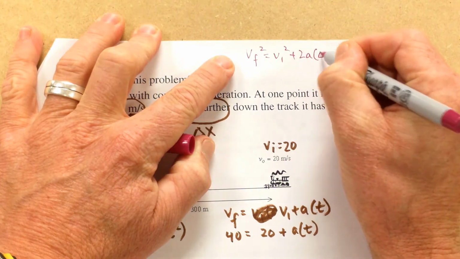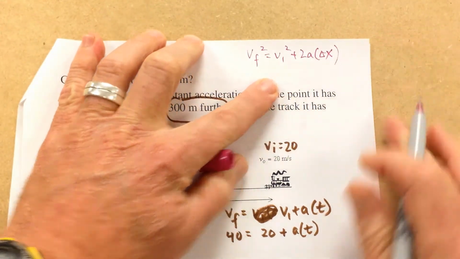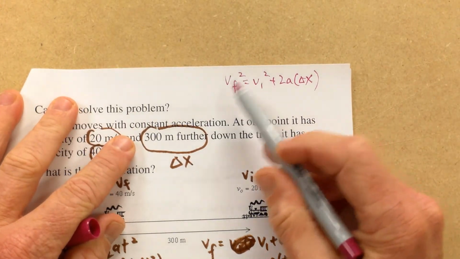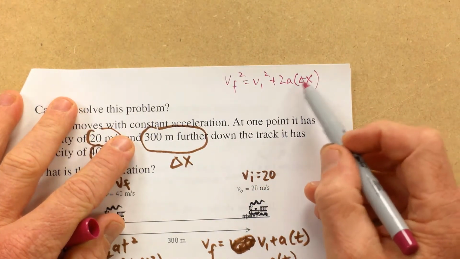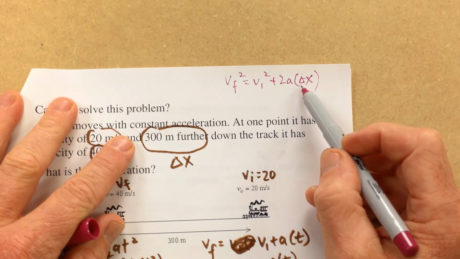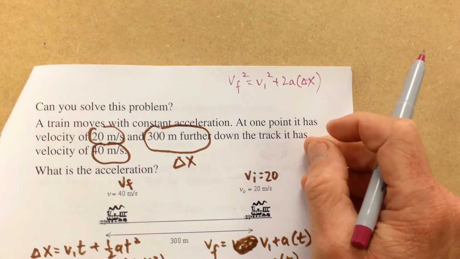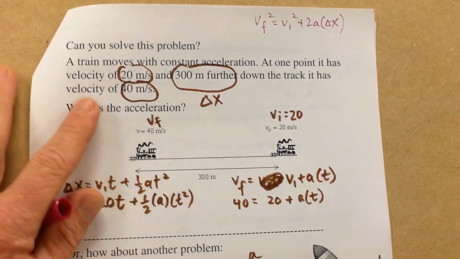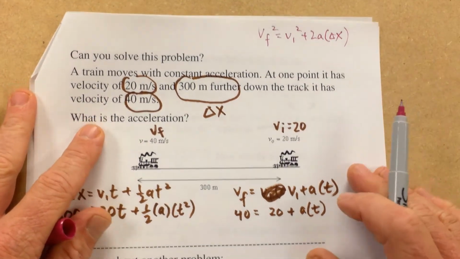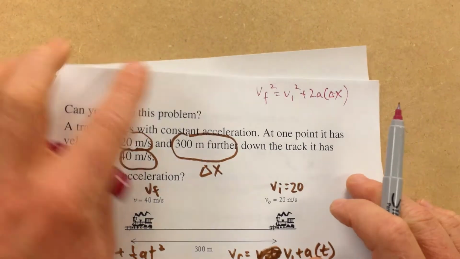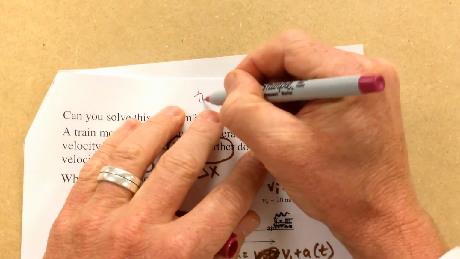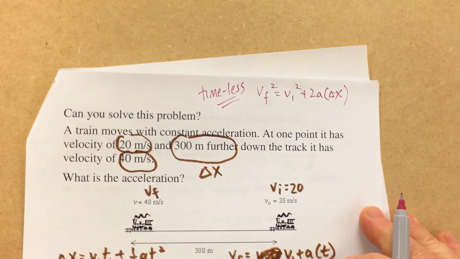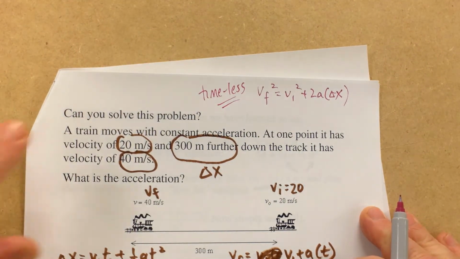If you look at this equation, it's got initial velocity, final velocity, acceleration, and displacement. We've been calling our equations either how fast or how far. Well, this equation really doesn't have a name. I kind of name it the timeless equation because it works when we're not sure about time.